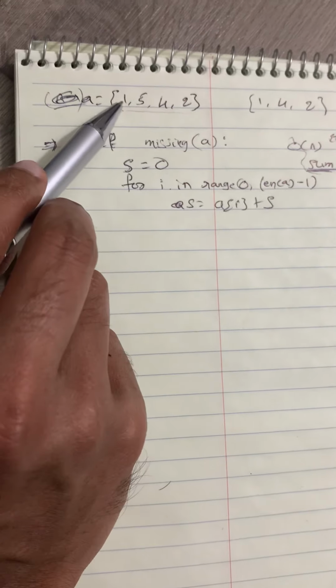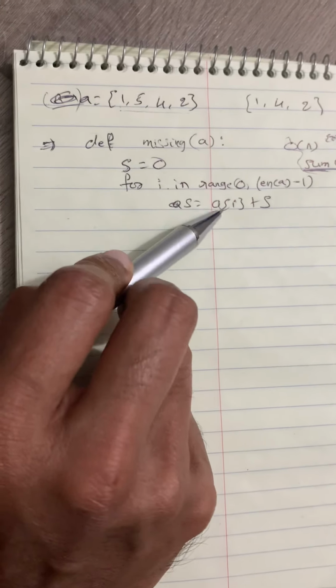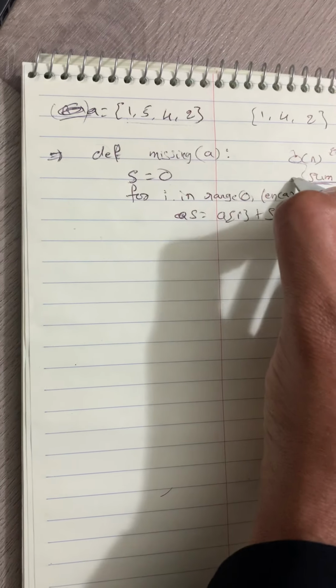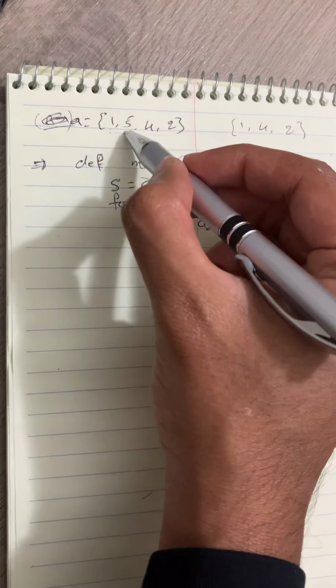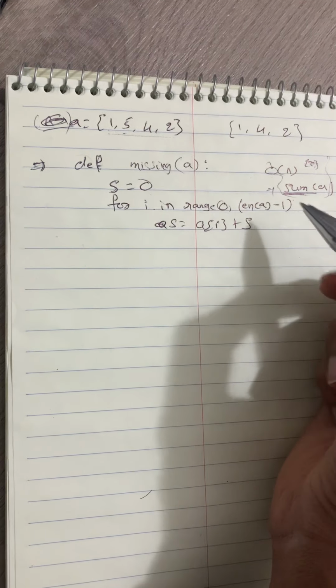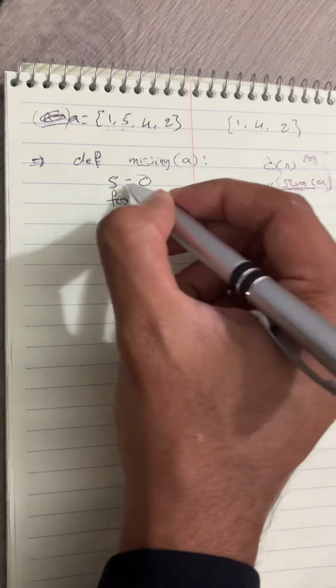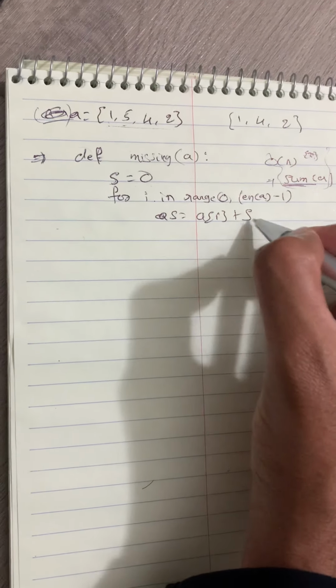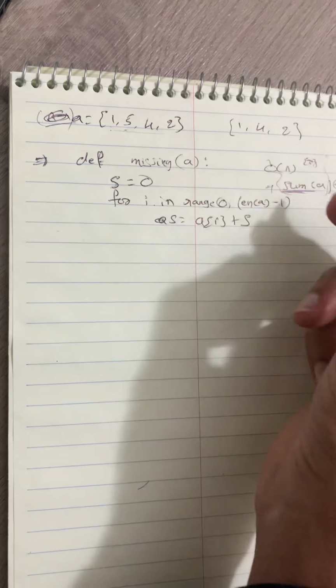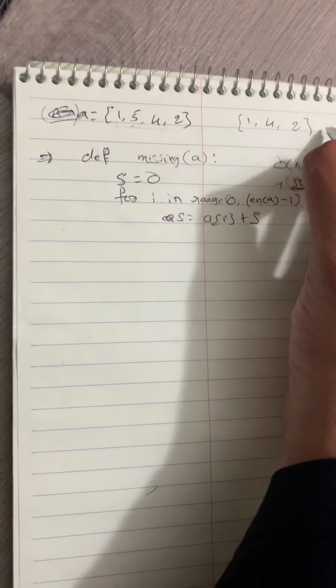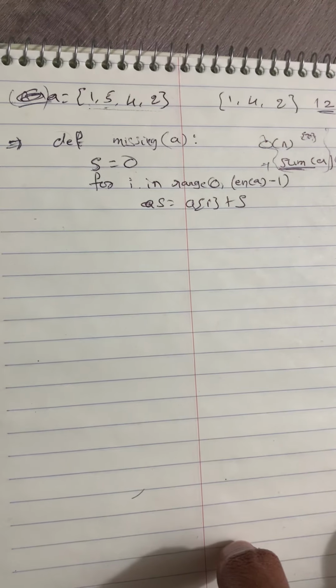In the beginning it's gonna be 1 plus 0, so s is gonna be 1, and the next time a of i is gonna be 5, so it's 5 plus 1, 6, and then 4, and then 2. So s is gonna be holding 12 here.